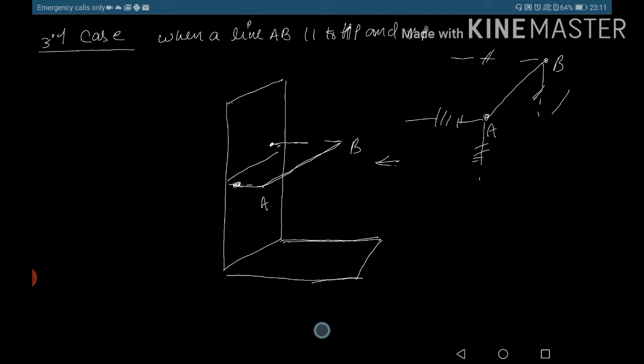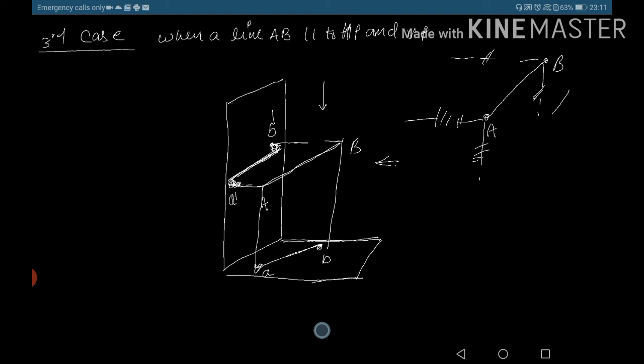This line would be like this. Okay, clear? Similarly, when you look from the top, this point will come over here and this point will come over here, and you will have a line. This would be your A, B, and here what will you have? A dash and B dash.